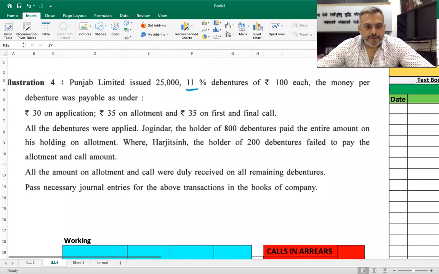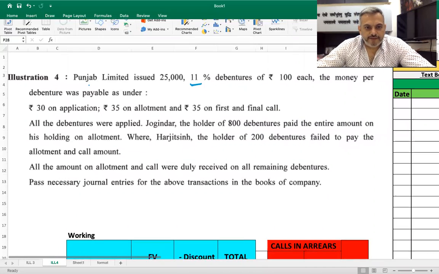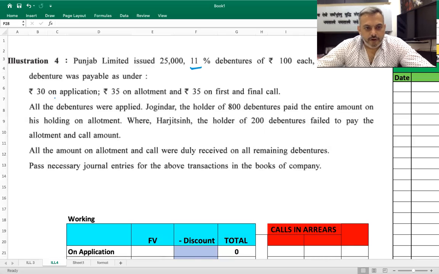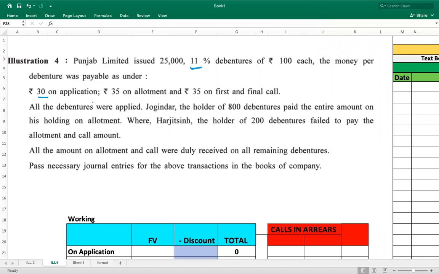The money per debenture was payable as under 30 on application, 35 on allotment, and 35 on first and final call. So your debentures are issued at par, 100 is the face value. So 35, 35, 70 and 30, 100.